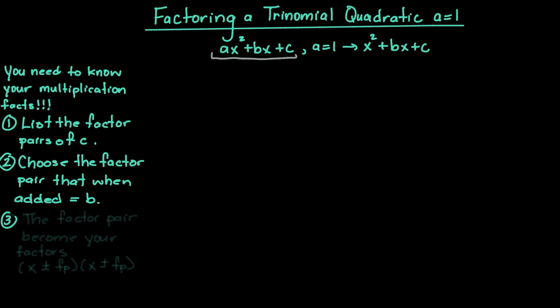Step 3, the factor pairs become your factors. And it'll be x plus or minus factor, times x plus or minus factor.